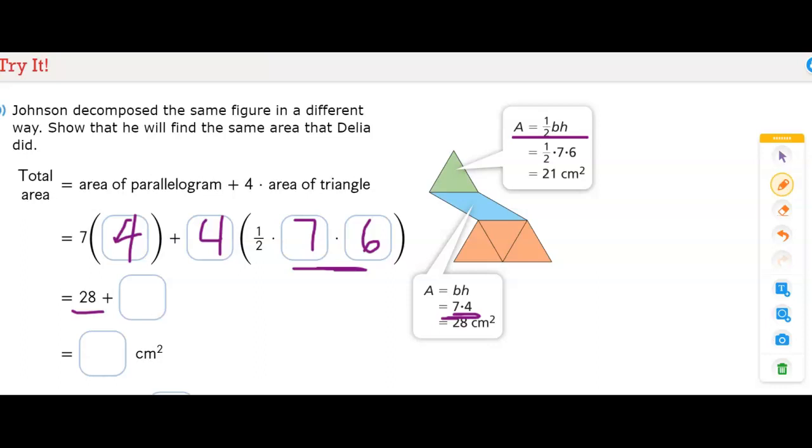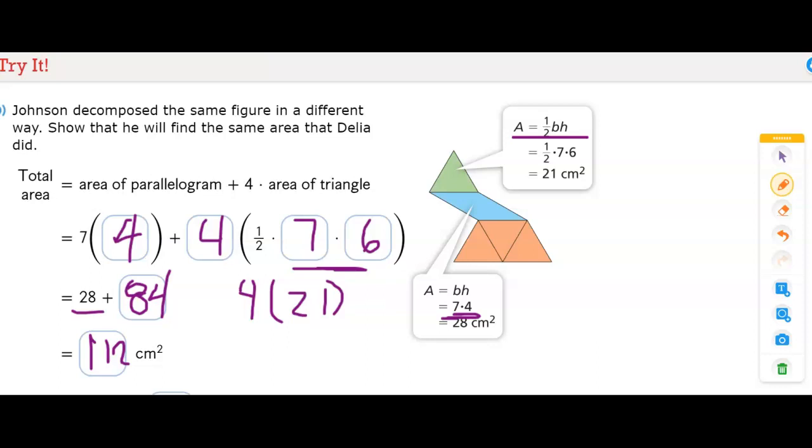And that equals 21. So that'll be 21 times 4, and then 4 times 21 is equal to 84. So in here is 84. And then you add those together and you get 112 centimeters squared.